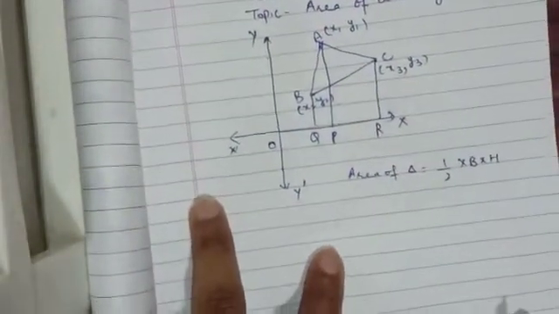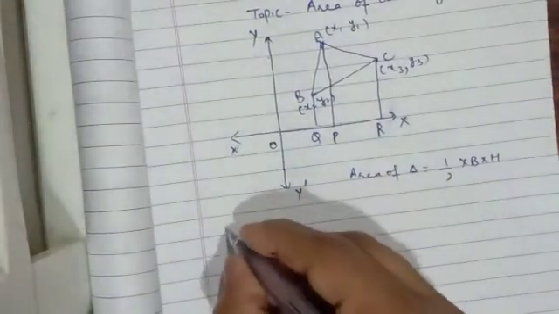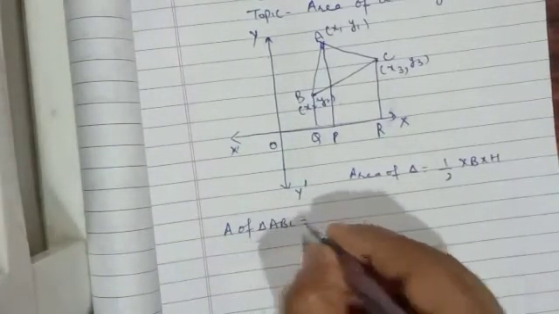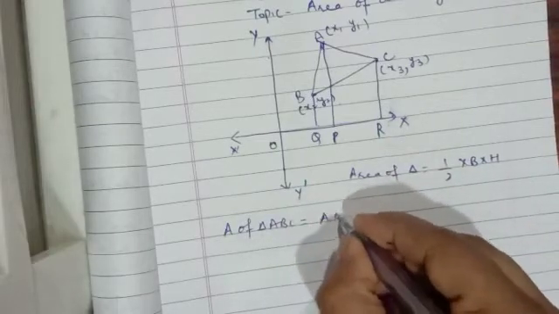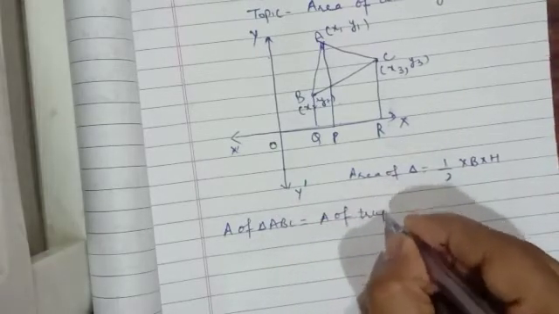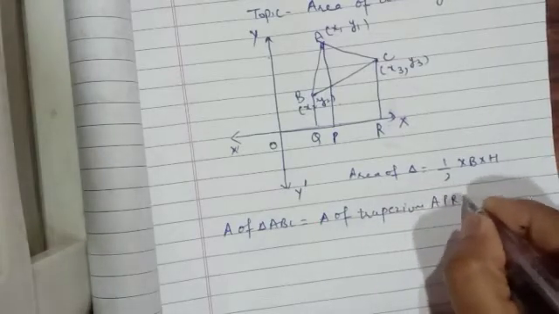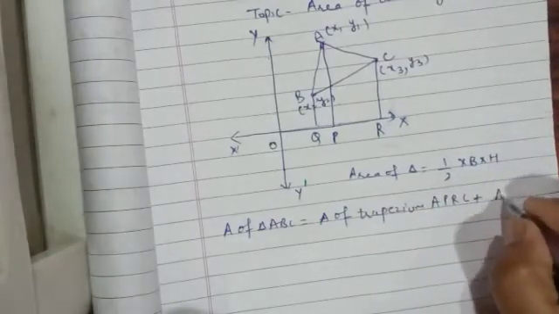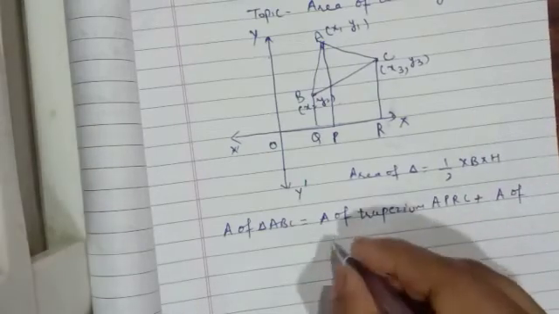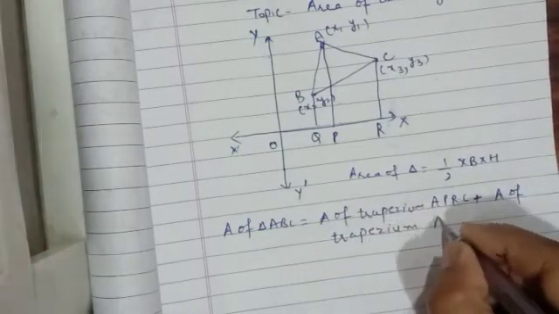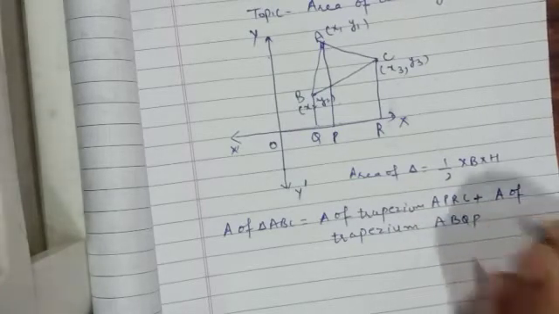Now from the diagram it is very clear, if you want to find the area of triangle ABC, for this I have to calculate the area of trapezium APRC. In that I have to add the area of another trapezium, that is ABQP.